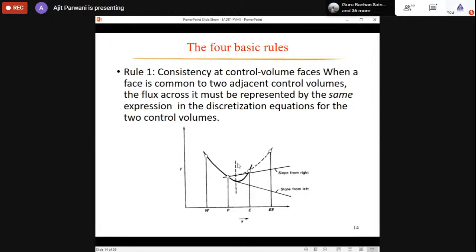Therefore, in order to satisfy the conservation of energy principle, the flux at the common surface should be the same. For that, you have to choose a consistent profile for calculating the gradients for every control volume. This is the first rule.